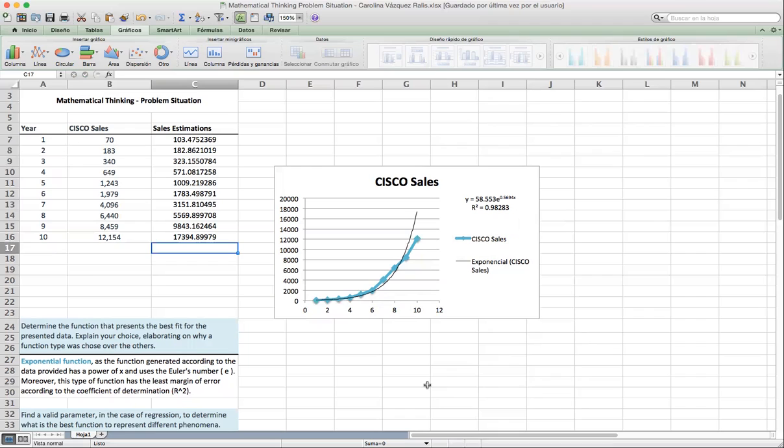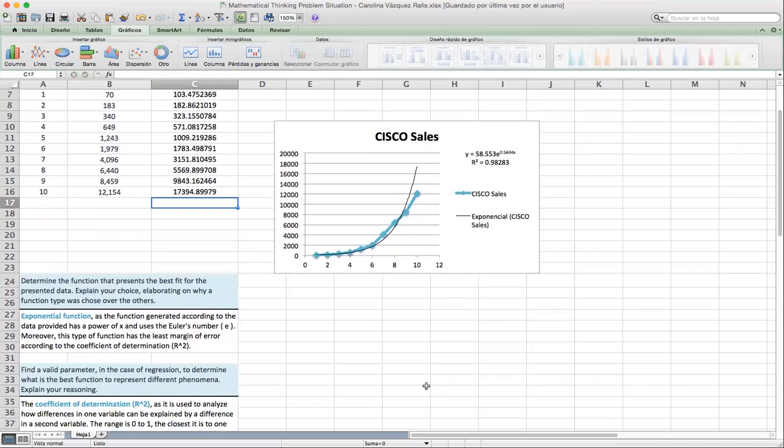And furthermore, this function generated has a power of X and uses Euler's number, which is also a key to determining that it's an exponential function. And this type of function has the least margin of error according to the coefficient of determination, or R squared.